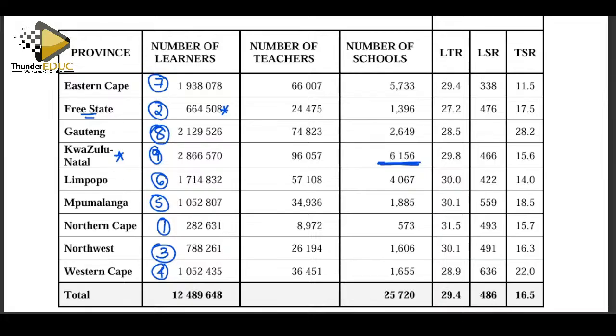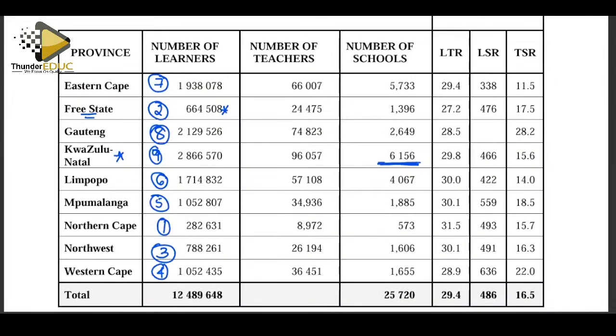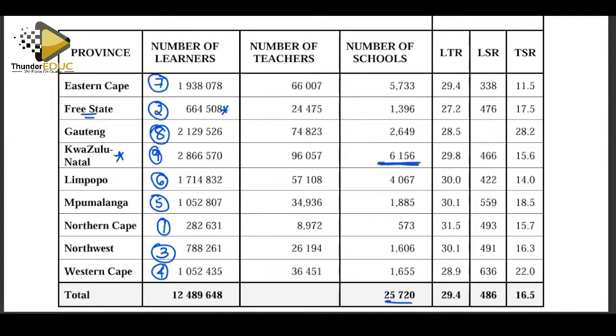So it will be the number of schools divided by the total number, which is 615 divided by 25720.